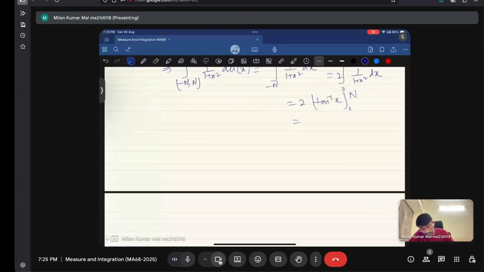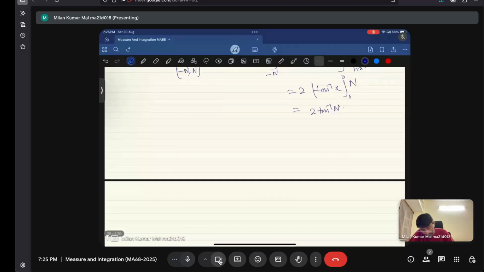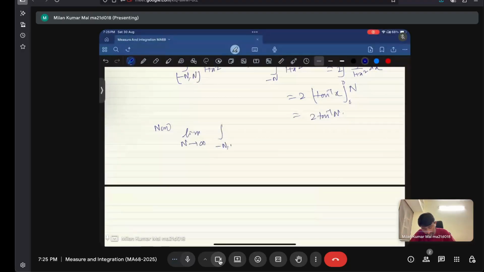Now as n tends to infinity, the limit of the integration from minus n to n of f dm1 x is equal to the limit as n tends to infinity of 2 times tan inverse n.